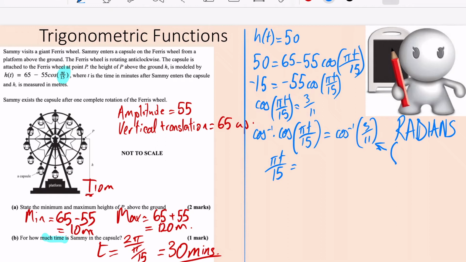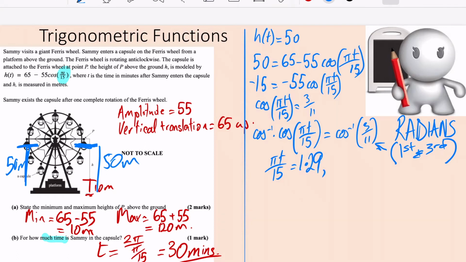And the last thing is that it's positive, so our answer is going to exist in the first and fourth quadrants. In the first quadrant, I'll be somewhere over here, 50 meters above the ground, and also over here, I'm also 50 meters above the ground. When I put this into my calculator, I'm going to get 1.29.